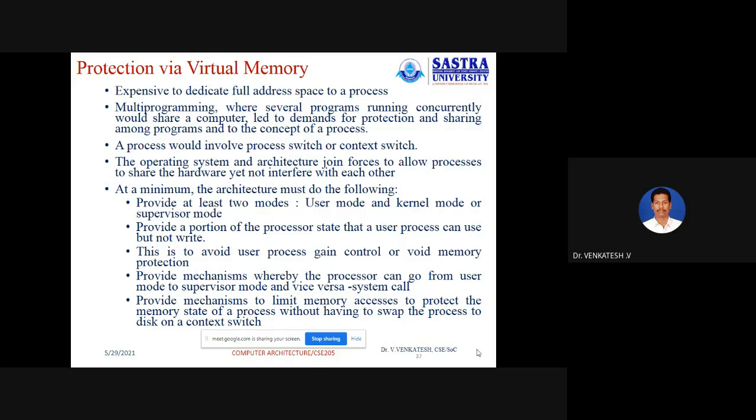And then there will be some mechanism to limit memory access to protect the memory state of a process, without having to swap the process to disk or context switch. So we have to protect. For example, this particular portion alone, you are eligible to use. Instead of swapping the process from disk, which is nothing but what we call main memory, we have virtual memory, no?